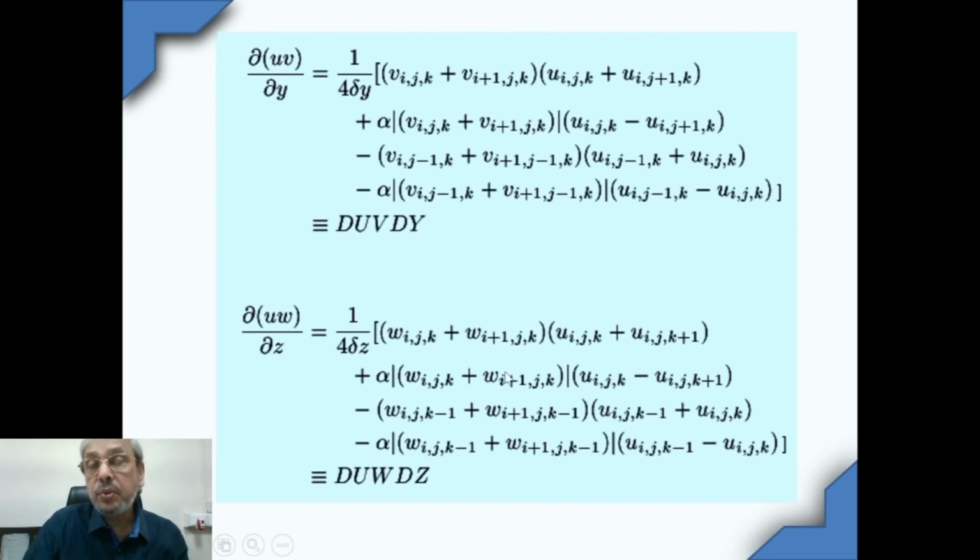Then we have to create provision for upwinding, and then we have to consider that local velocity can be positive or negative, and make the discretized form independent of that by using modulus sign. And we will call this duw dz.